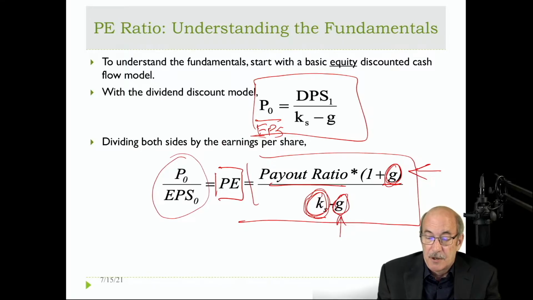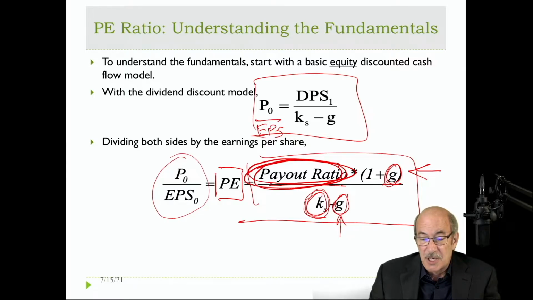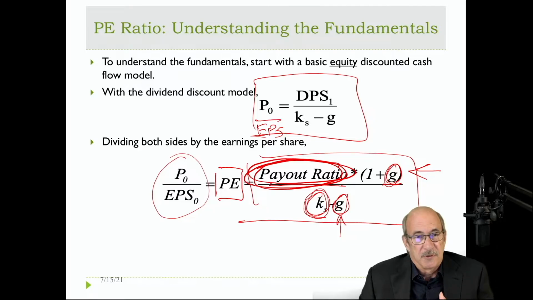And here we go. If I have a lower investment need, I can pay out more of my earnings in the form of dividends or repurchases. That means that numerator is going to be bigger and my PE is going to be larger. So this is what Aswath was talking about.